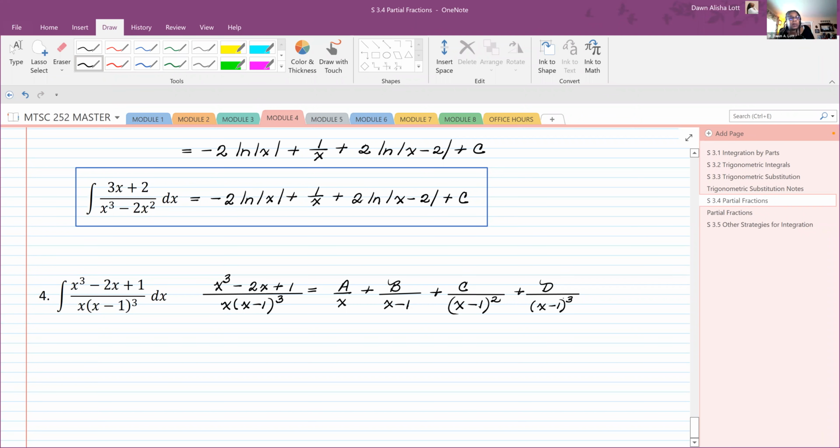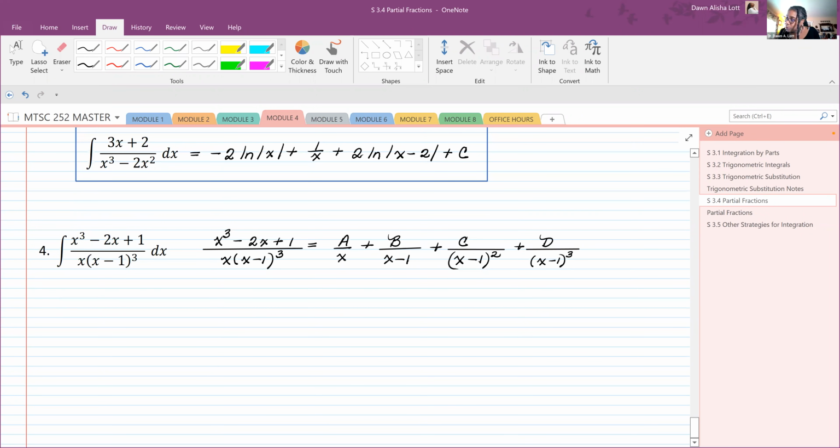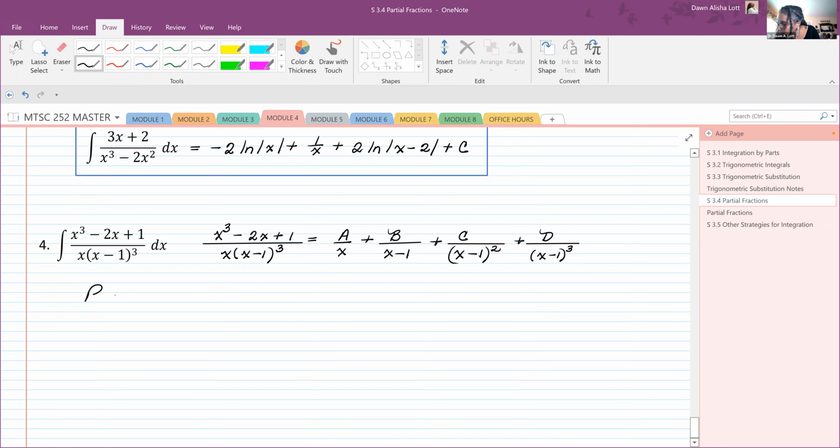Okay, all right, so our roots are x equals 0 and 1.